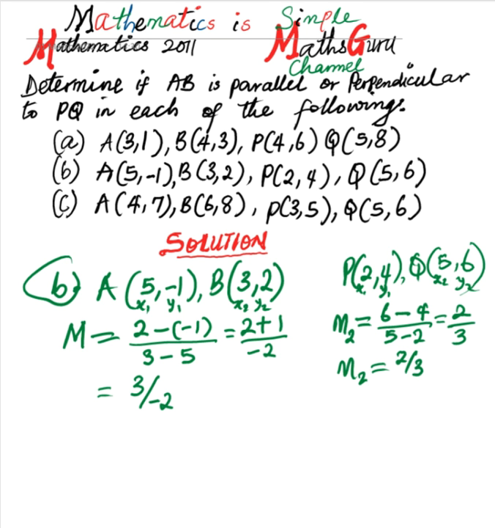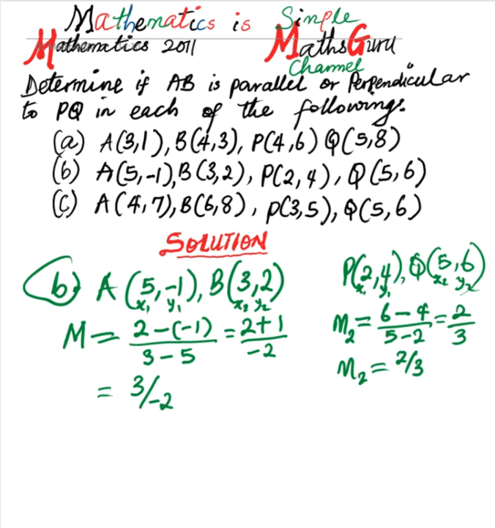All right, quickly, we need to know the condition for perpendicularity of two lines. If two lines are perpendicular, the product of their gradients will be equal to -1.